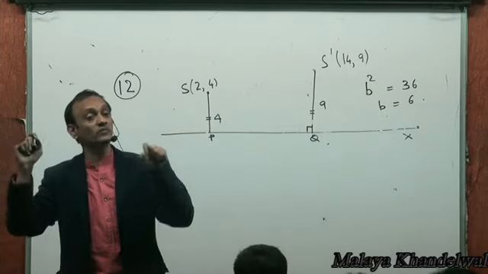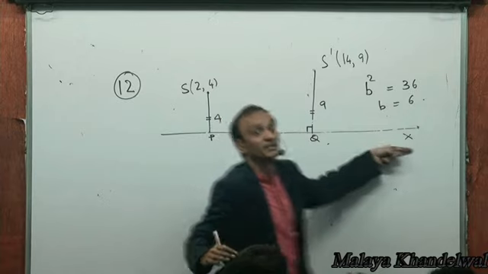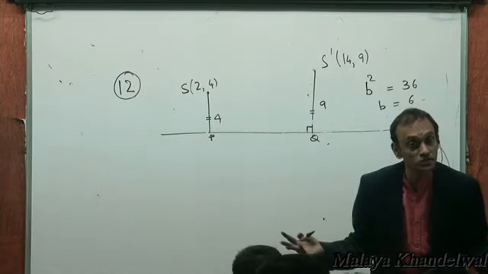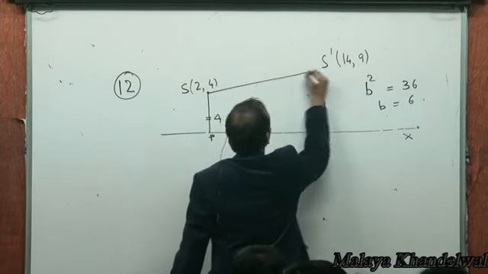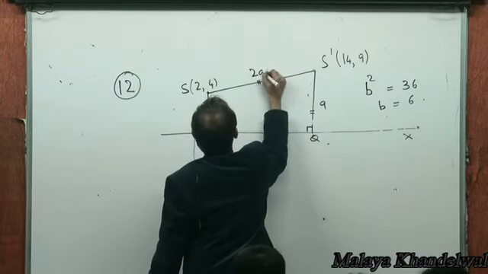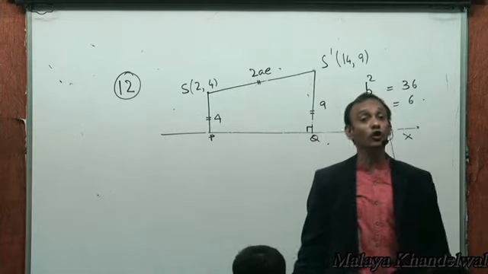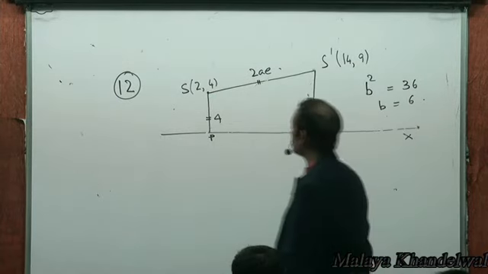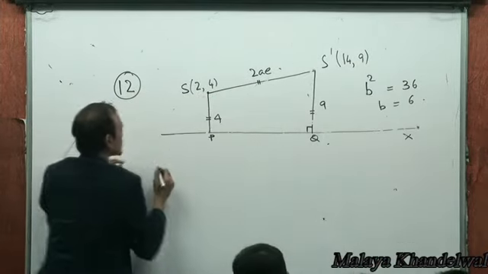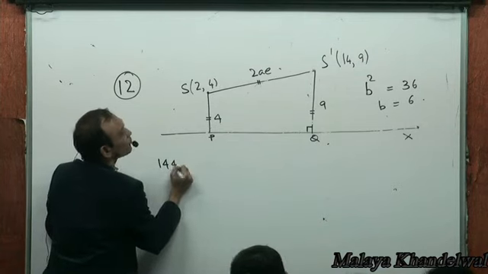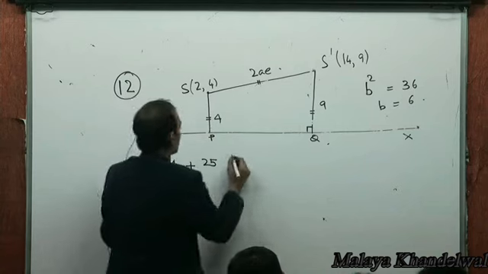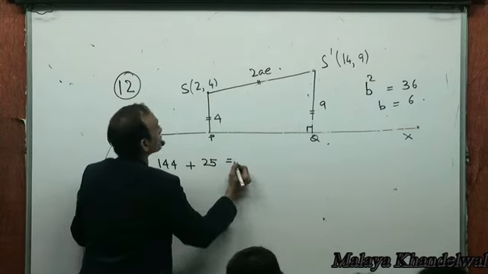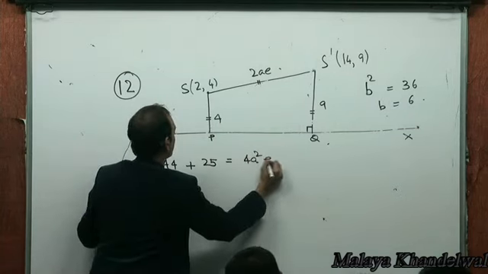The product of the perpendiculars from the two foci onto any given tangent is the square of the semi-minor axis of the ellipse. Now, the distance between the two foci is always 2AE.